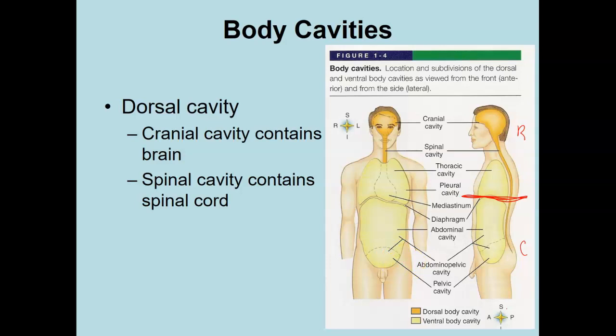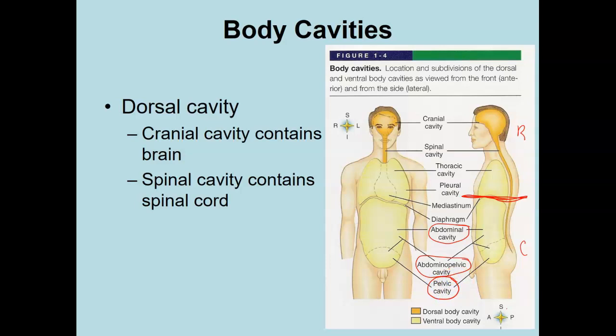We'll talk about that later when we talk about the reproductive system. But in females, the reproductive system is contained within the pelvic cavity. So we call this whole region here together the abdominopelvic cavity, but where basically our guts are, our digestive system, is the abdominal cavity, and the reproductive and part of the urinary is down in pelvic, okay?